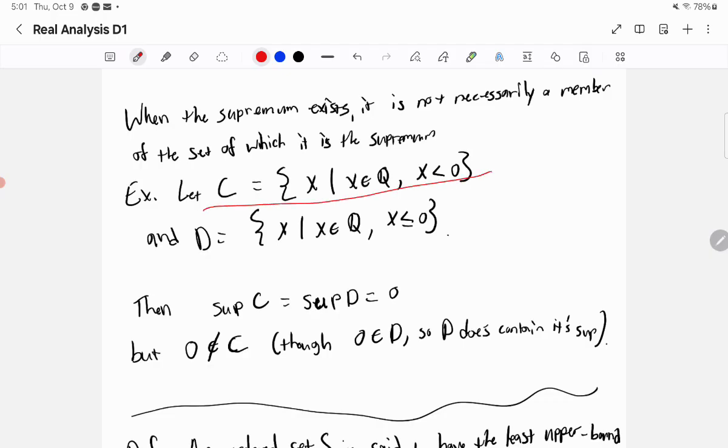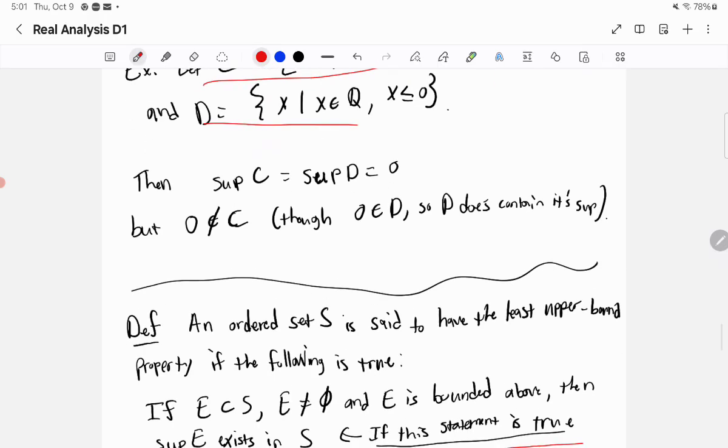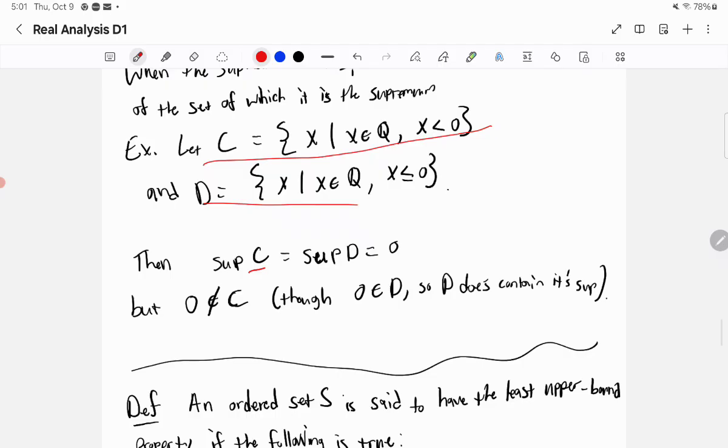C is the set of all rational numbers that are less than 0. D is the set of all rational numbers that are less than or equal to 0. Well, then the supremum, the least upper bound of the set C, is 0, and the supremum of D, the least upper bound of D, is also 0. So for both of these sets, they both have a supremum that is equal to 0.